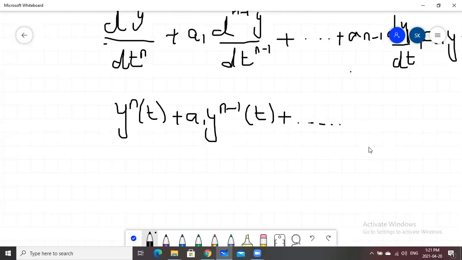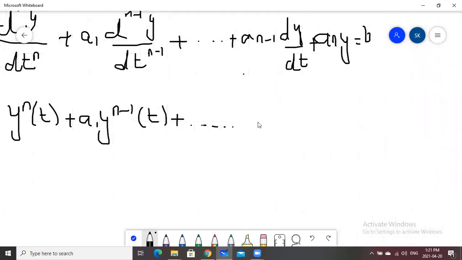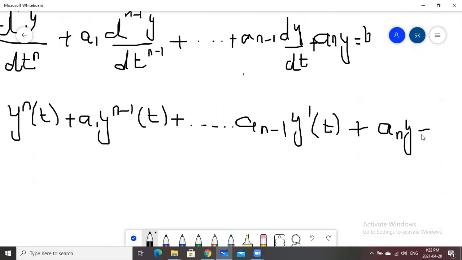When we move ahead, in the end we will have a_(n-1) y prime of t, the first derivative only, and then a_n y is equal to b. The simple function given has not been differentiated here.